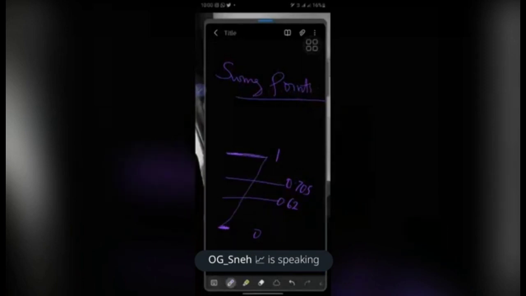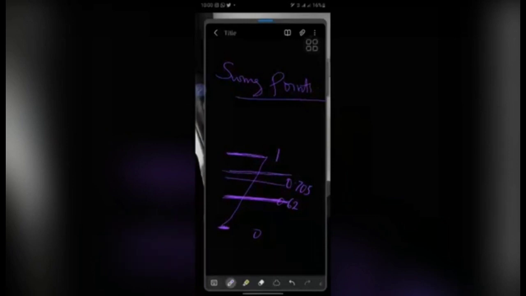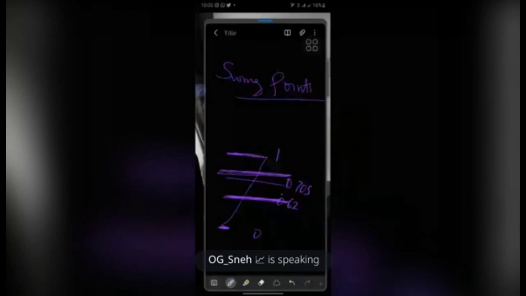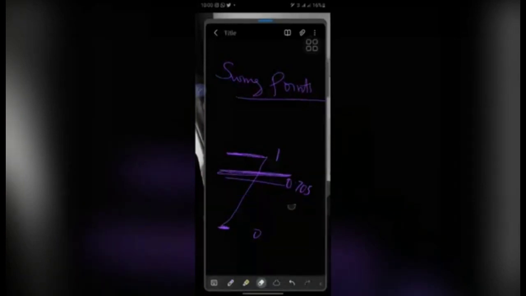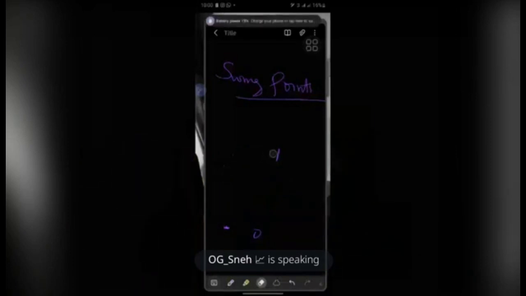So you enter the market here, then you place your stop loss a little bit just above the what? Sorry, we want to long the market. Don't mind me. We want to long the market. It's supposed to be 0.62 before the 0.705.